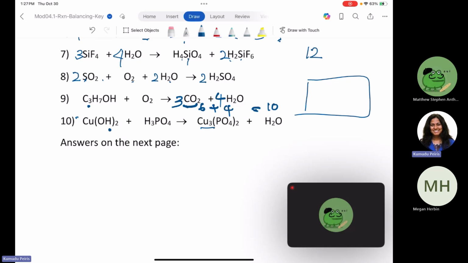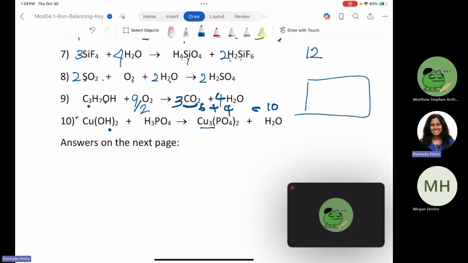Okay. So in order to make this equal to 10, I have to add this, right? 9 over 2, then 9 plus 1 would be equal to 10.